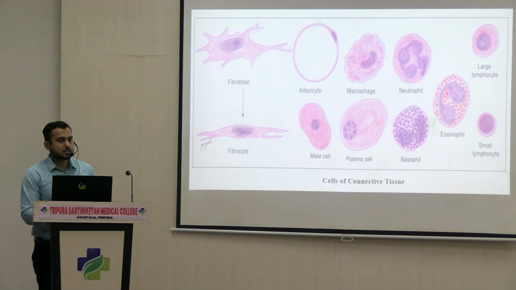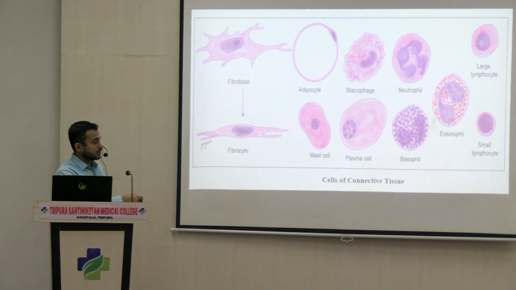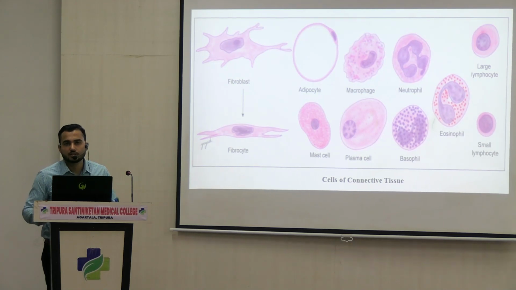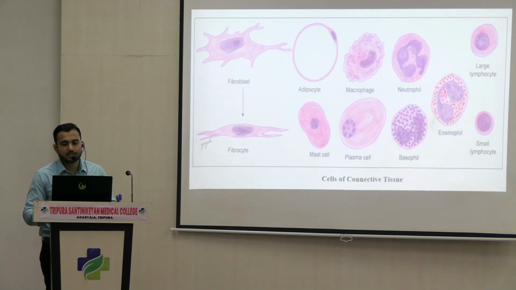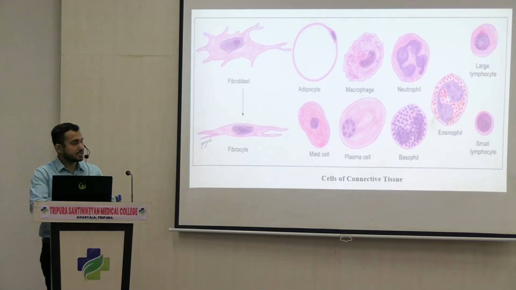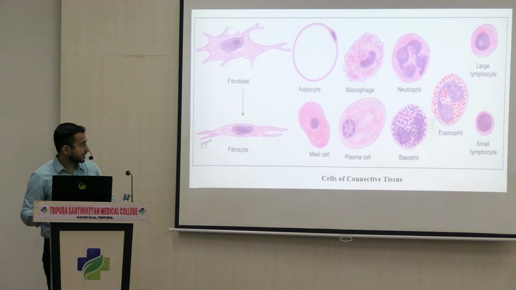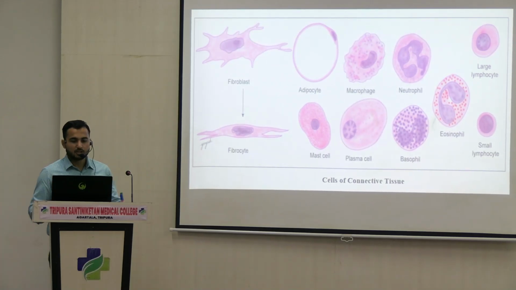Next, macrophages are also there. You can see macrophage. Macrophages are also called histocytes. What will be the function of macrophages? Phagocytic action. You have studied what phagocytosis is, so this phagocytic action is present in macrophages. Next, mast cells are there, also called histaminocytes.